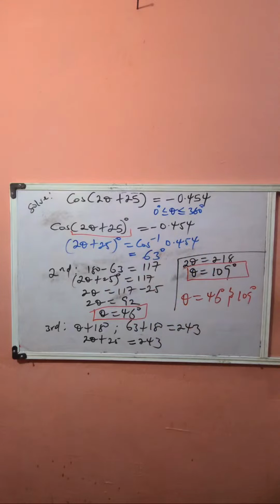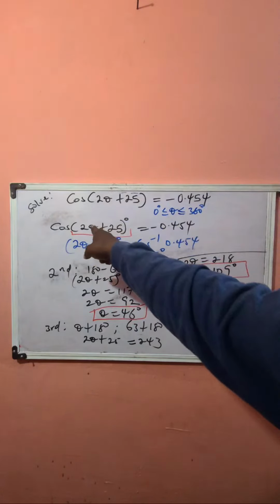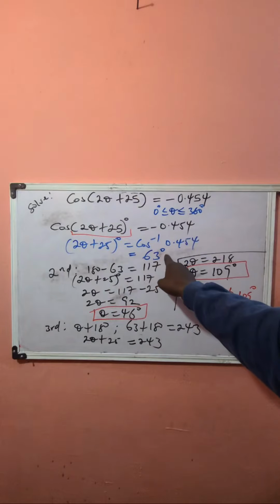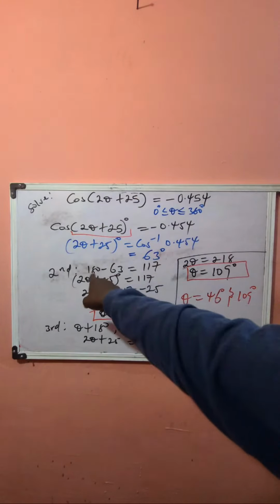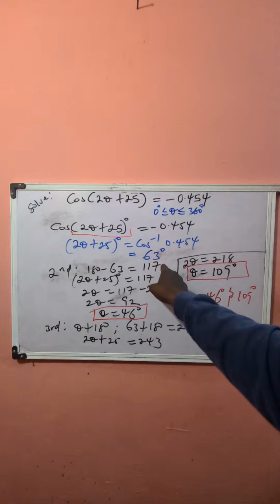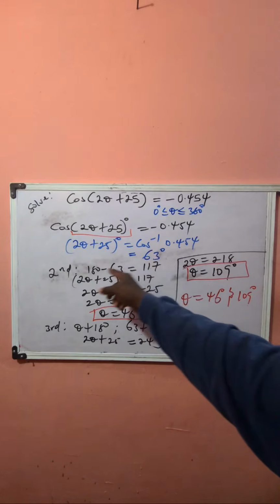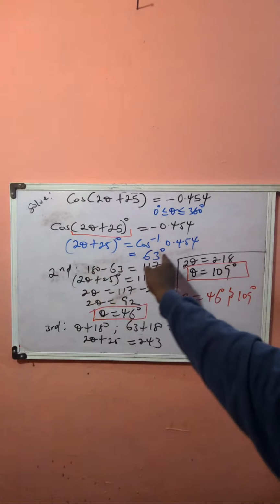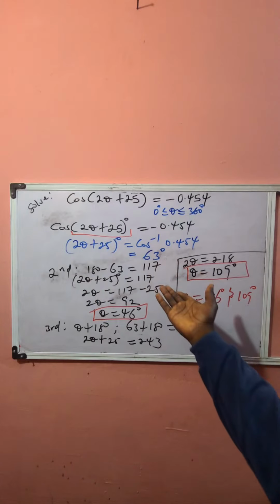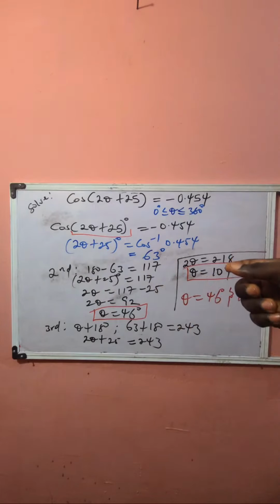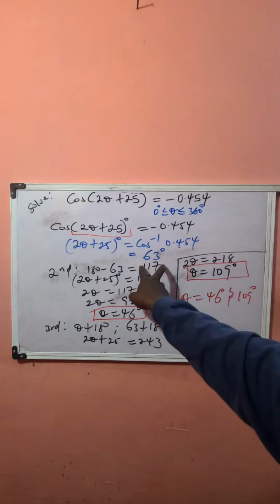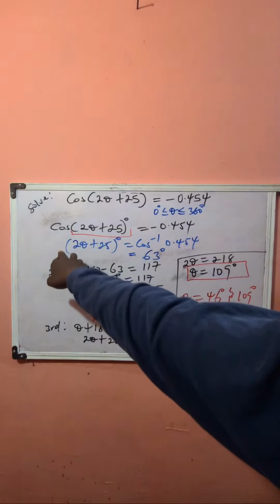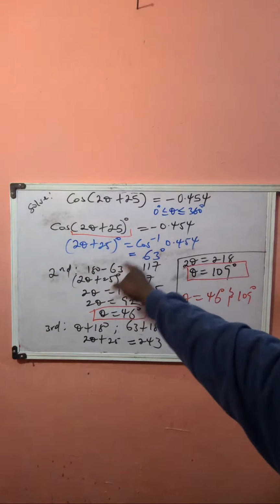Now, the same way you used to solve, you were going to bring this value and say 180 minus that answer, and that was going to be your final answer. So we went on to do that, saying 180 minus this, then we got 117. Now this 117, don't forget, it's not for just theta alone.